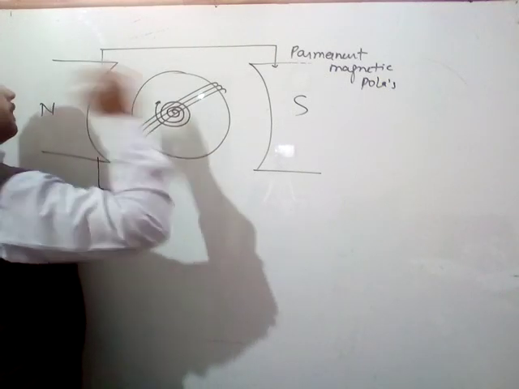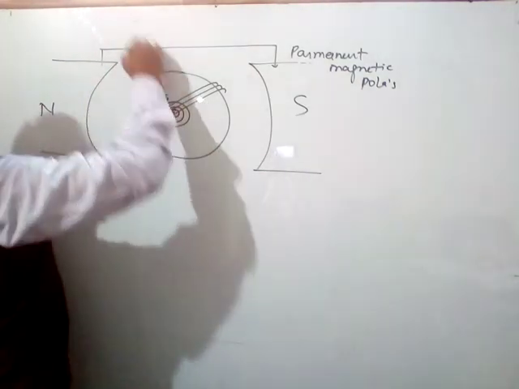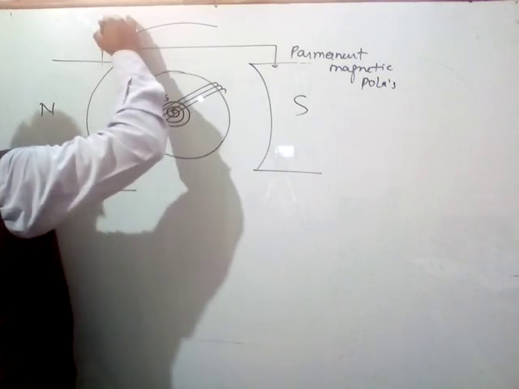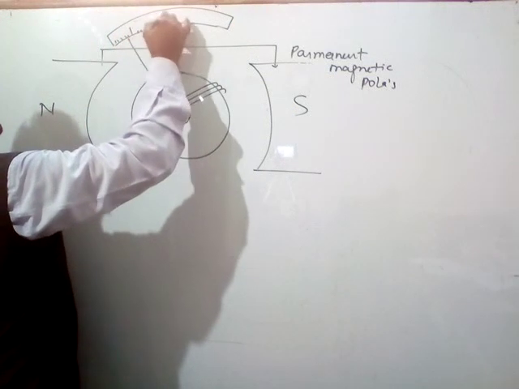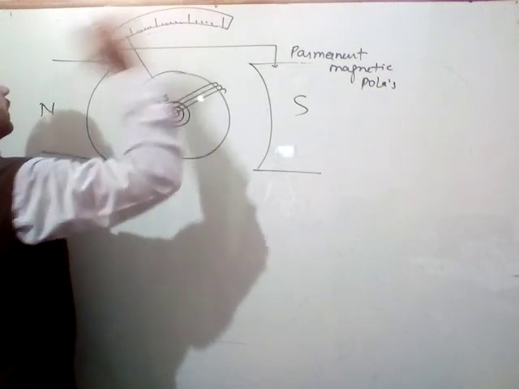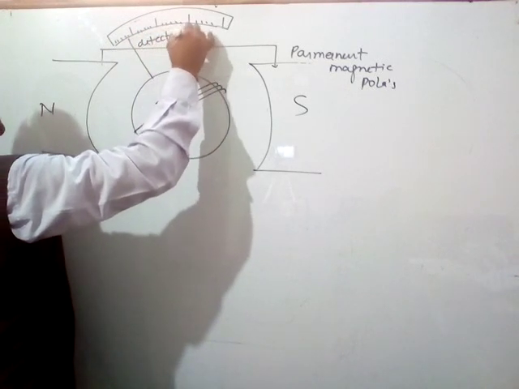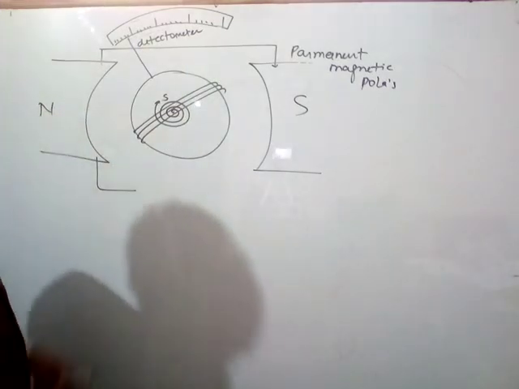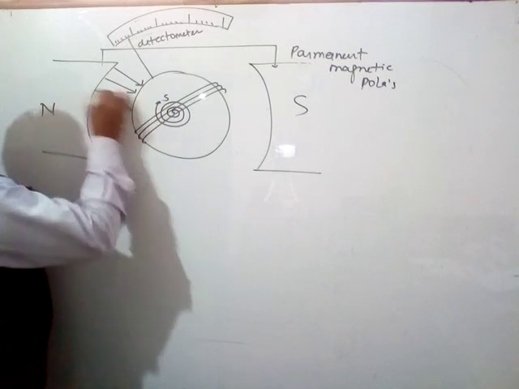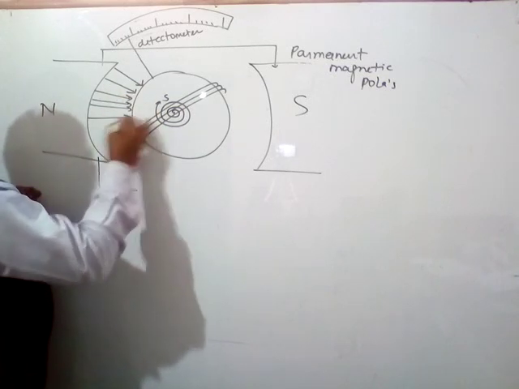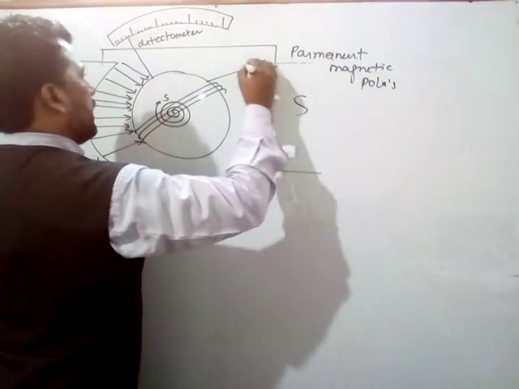Here a pointer is also attached, by which we measure the direction of current. Here a radial magnetic field is produced like this.